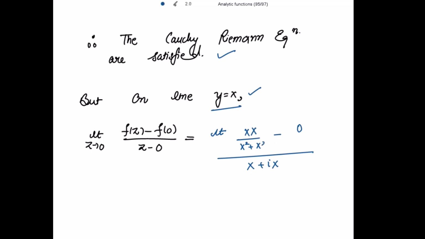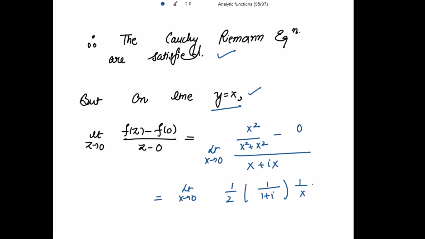So the numerator becomes x square, right? And when everything is in x, the limit is x tending to 0. So this is equal to the limit as x tends to 0 of x square divided by 2x square, that is 1 by 2 into 1 divided by 1 plus iota, and 1 divided by x, right? And when x tends to 0, the limit is infinity. That means therefore the function is not differentiable at z equal to 0.